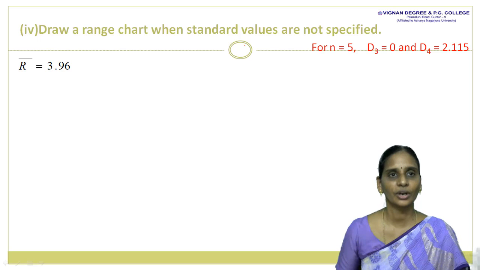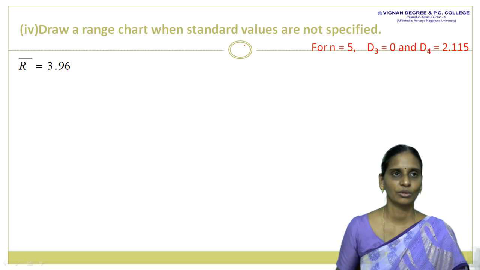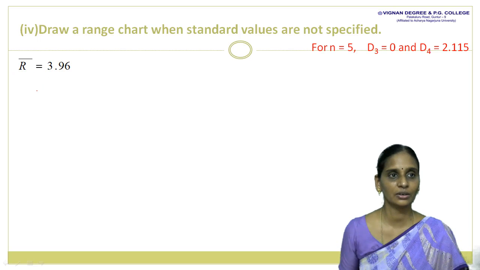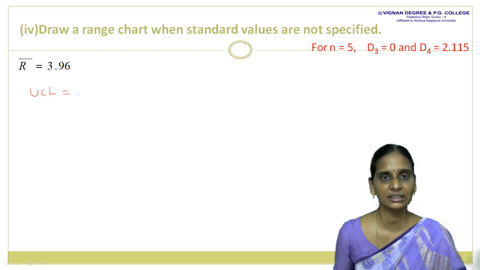Fourth question. Draw a range chart when the standard values are not specified. Here we have to write down the control limits for the range chart. For the upper control limit, in this range chart the standard value is unknown.